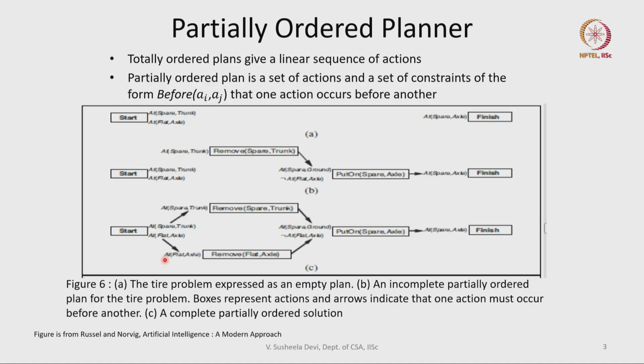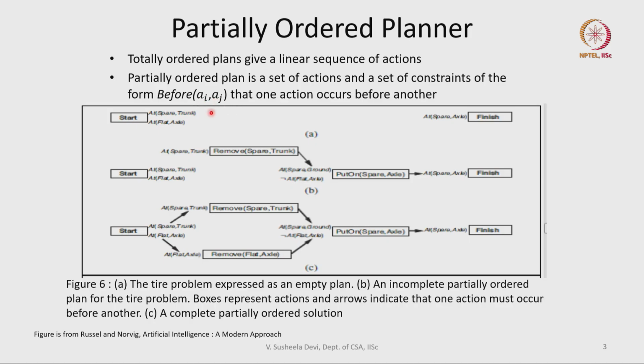And you got to have things like before AI AJ, which means that action AI has to occur before action AJ. Okay. So it is a set of actions and a set of constraints of the form before AI AJ.